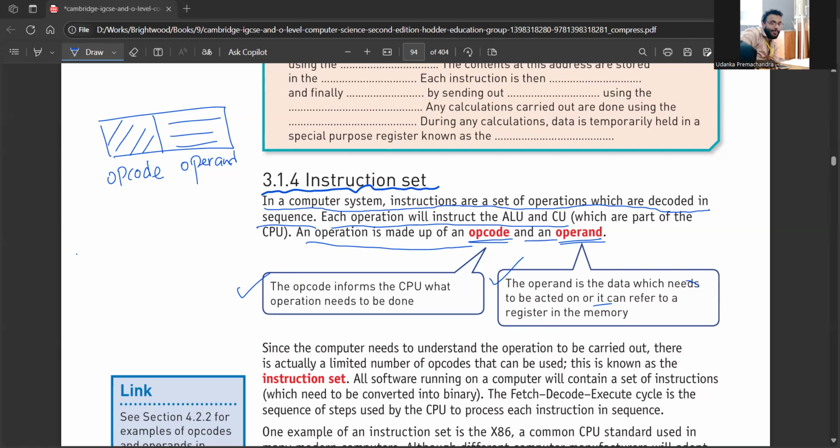So an operation is made up of the opcode and the operands. Please write down these two also. I give two to three minutes of time. Write it down.